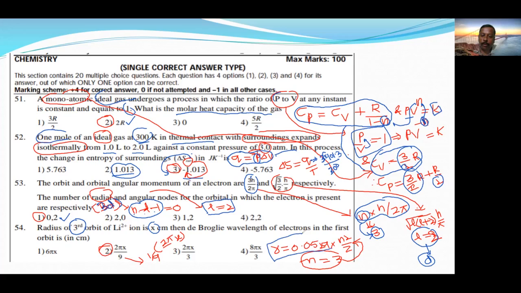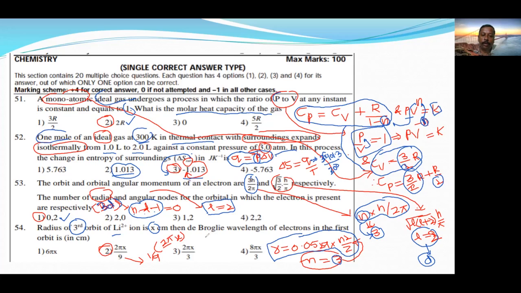R is equal to 0.0529 into n square upon Z. For lithium third orbit, the n value will be 3 and the Z value for lithium is 3. So it is x centimeter.